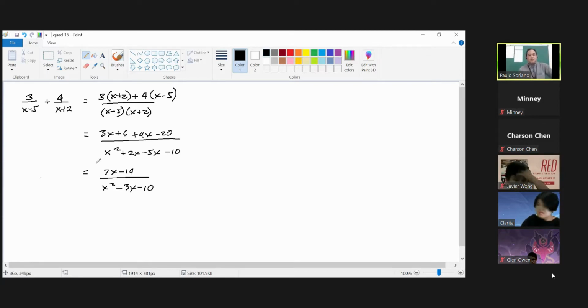Okay, so these are our simple fractions, and this is now our complex fraction.